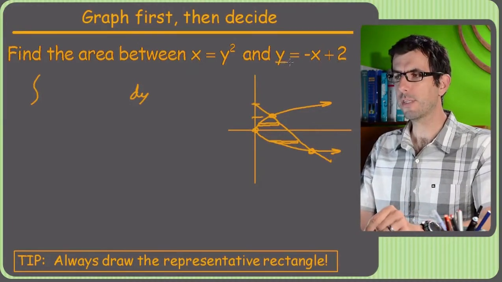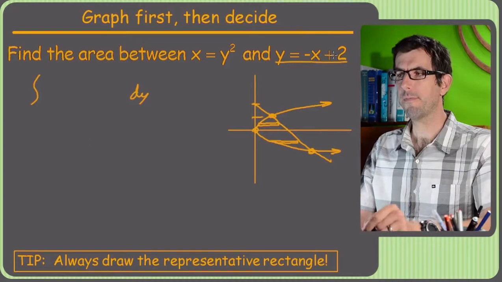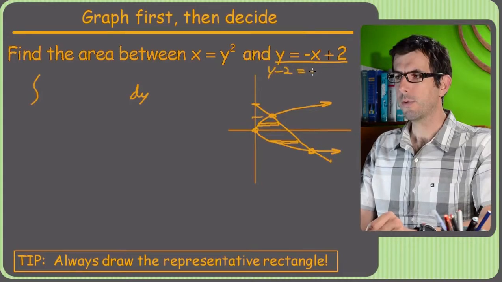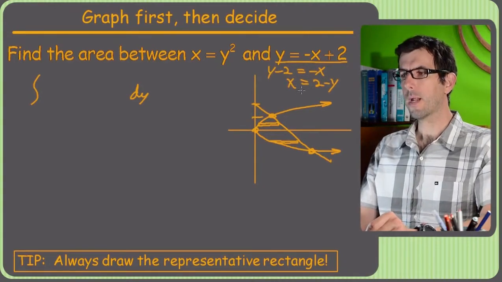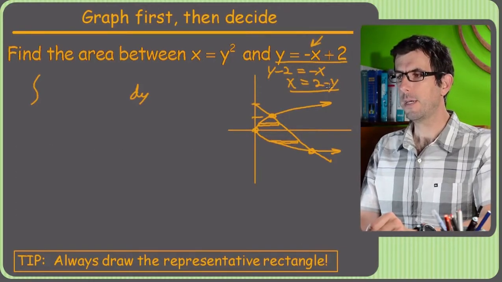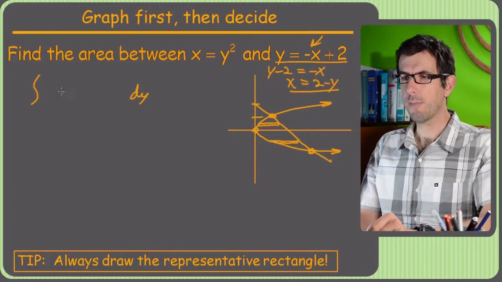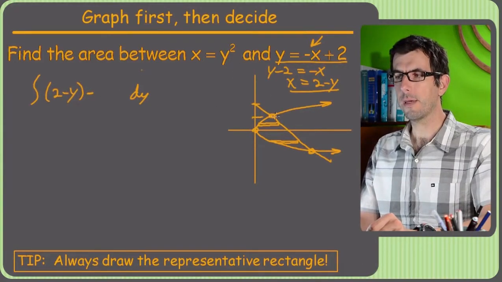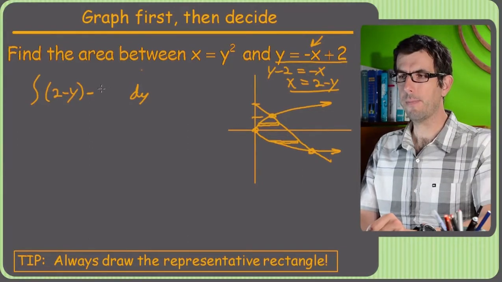So I need to rearrange this equation to get x as a function of y. I need to get x by itself, basically. So y minus 2 equals negative x, which means that x equals 2 minus y. So x equals 2 minus y is just the algebraic rearrangement of this, solving for x, and that is my right-hand curve. So my first function is 2 minus y. I'll be subtracting the left one, which is just the parabola.